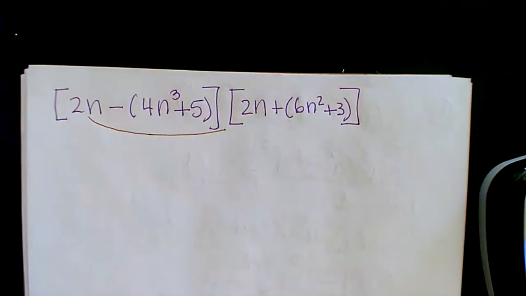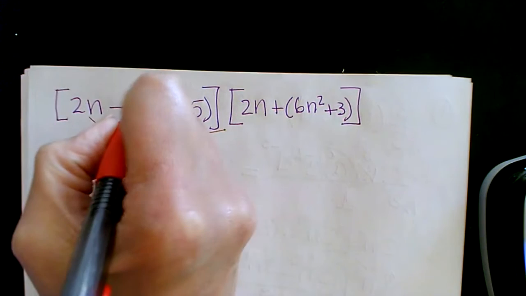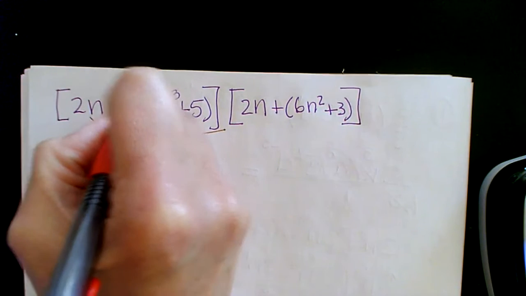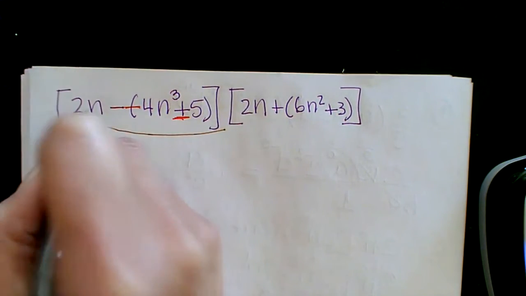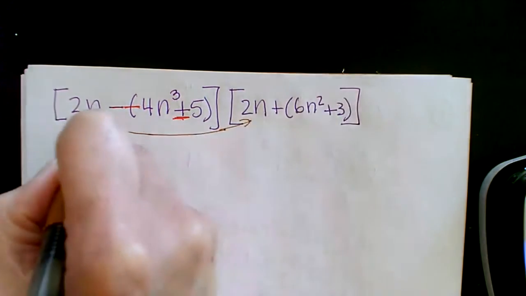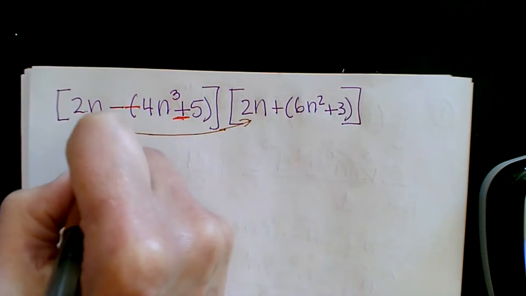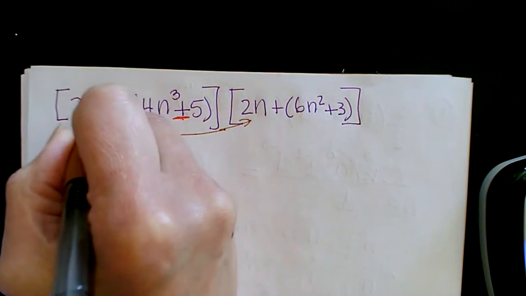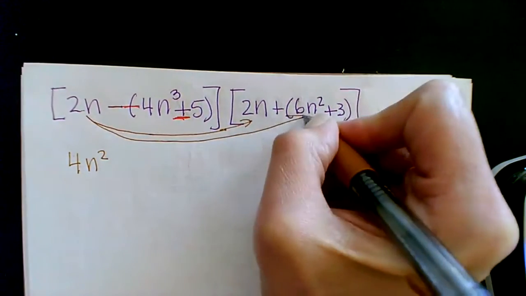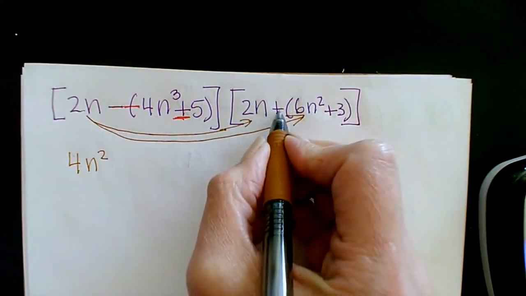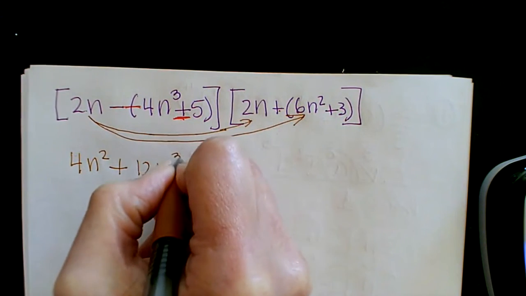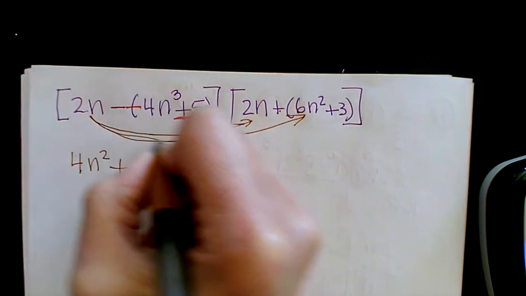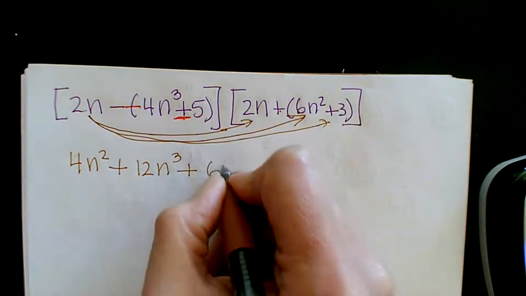Don't forget that if we apply the negative sign here, this is going to be negative, and this is going to be negative. So 2n times 2n will be 4n squared. Nothing happens because it has a plus. This will be 12n to the third power. And the last one is going to be 6n.